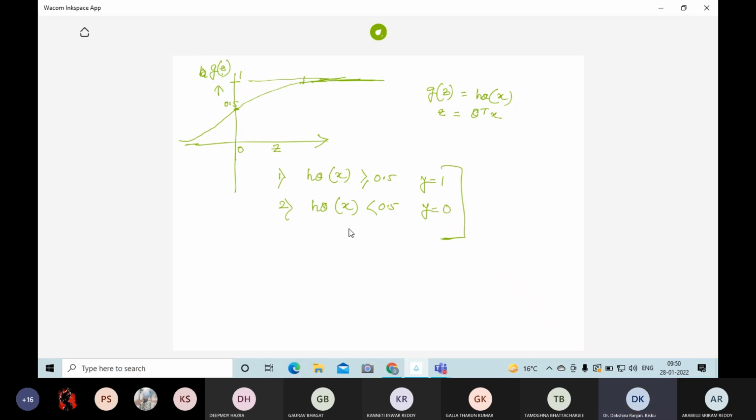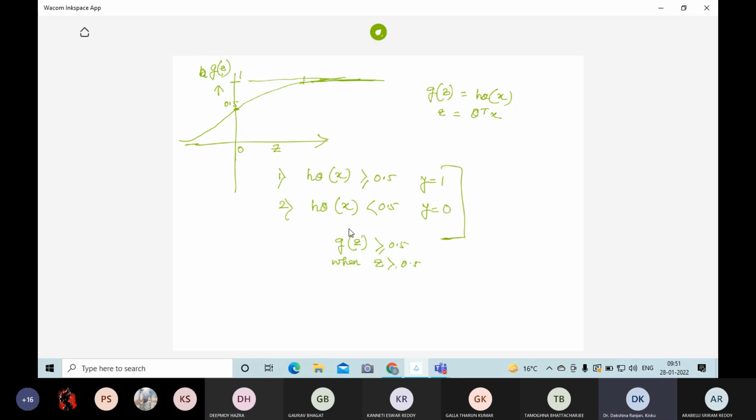Now how can we decide this? Suppose z is found to be greater than 0.5.